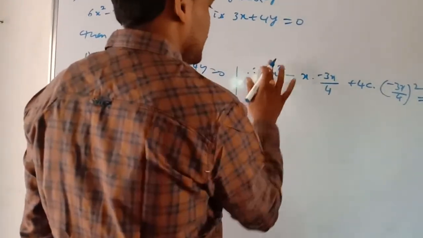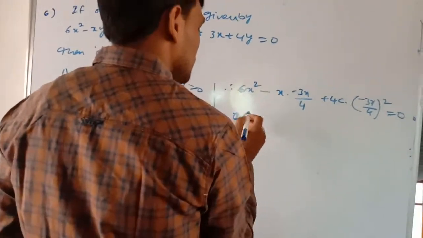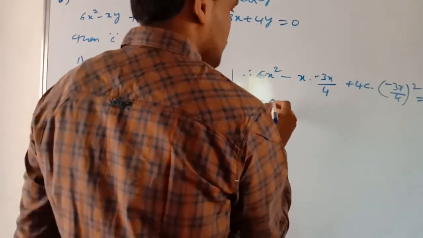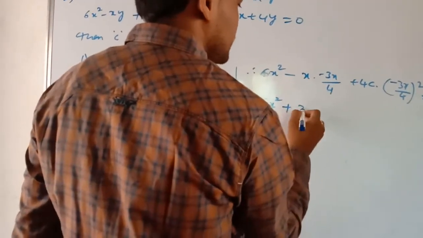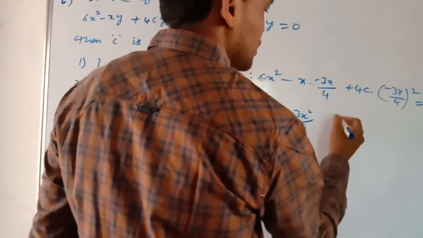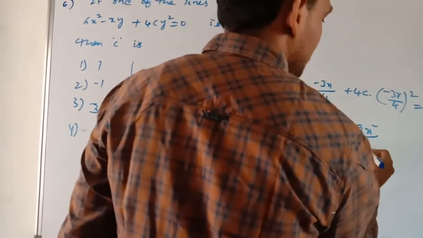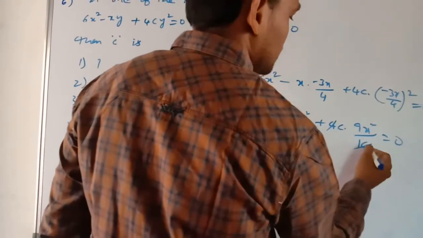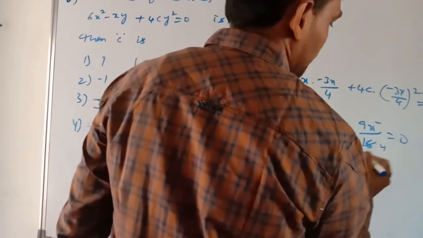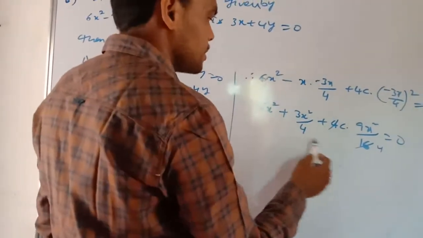Okay, now here 6x square plus 3x square by 4 plus 4c into 9x square by 16 is equal to 0. Here the fourth term is cancelled 4 times. Now the LCM is 4.